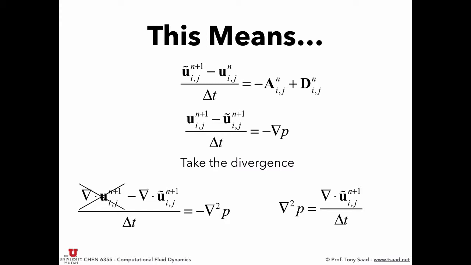In the streamfunction-vorticity formulation, we took the curl of the Navier-Stokes equations to eliminate grad P. For the primitive form, we take the divergence of the Navier-Stokes equations to get an equation for the pressure. Taking the divergence of the momentum equations gives you a del squared P. You move everything to the left-hand side, you solve for the pressure, and you update.